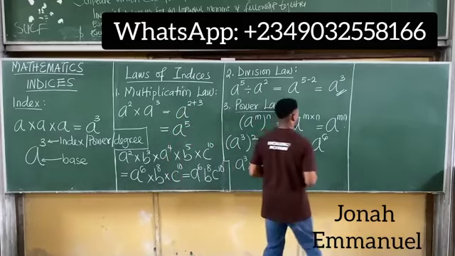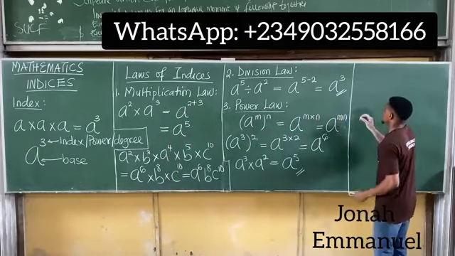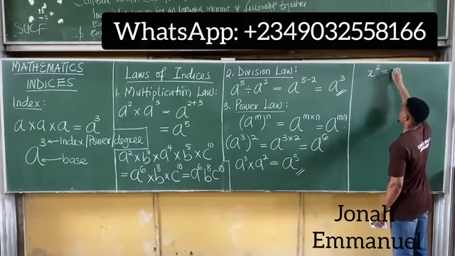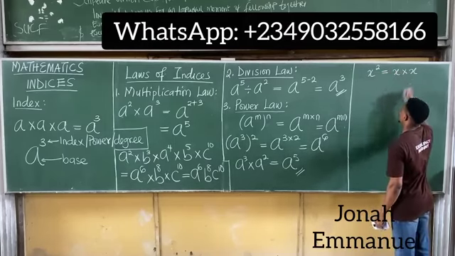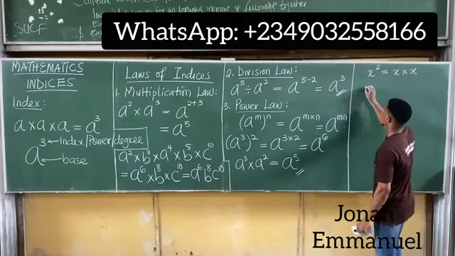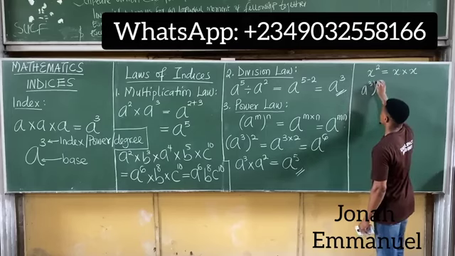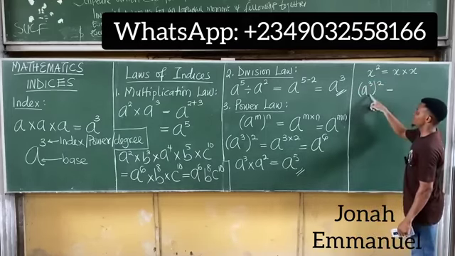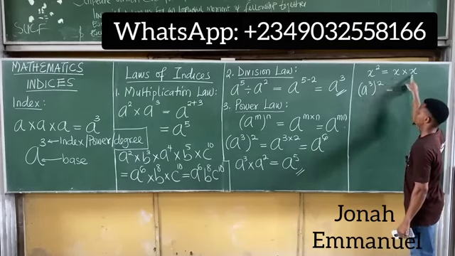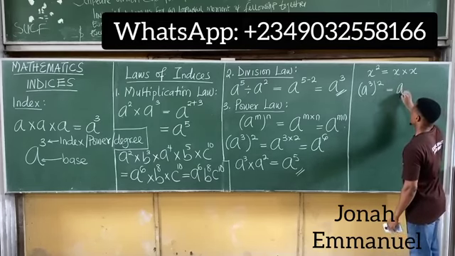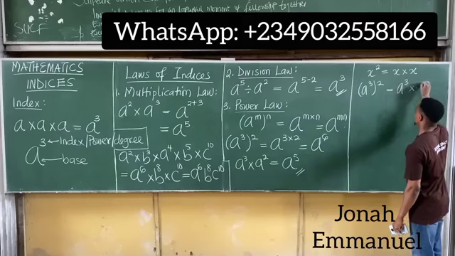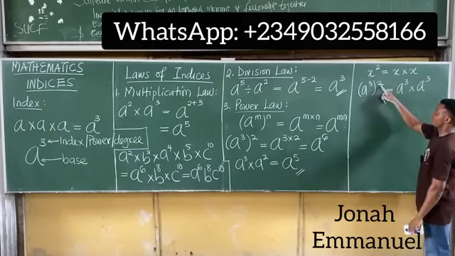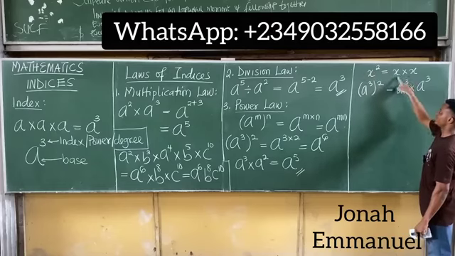Now, here's what to note. If we say x squared is equal to x times x, then A to power 3 squared means whatever is in this bracket is multiplying itself 2 times. And that will be A to power 3 multiplying A to power 3. Since something is squared, it's multiplying itself.